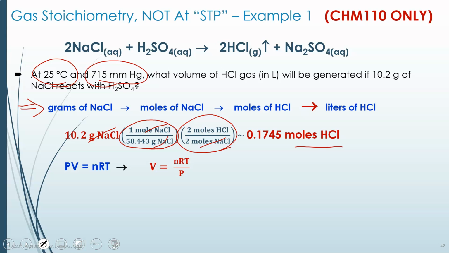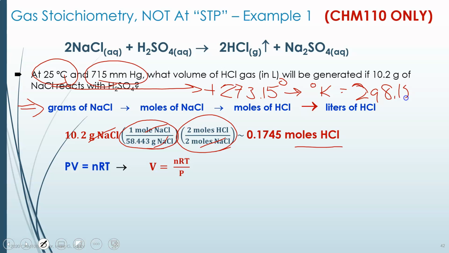So we need the volume, and that means we need to plug in the number of moles. We have that. The R value, we can look that up. The T value is 25 degrees centigrade, but you have to add 273, like always, 273.15 degrees to make it degrees Kelvin, and that will be 298.15 degrees Kelvin.